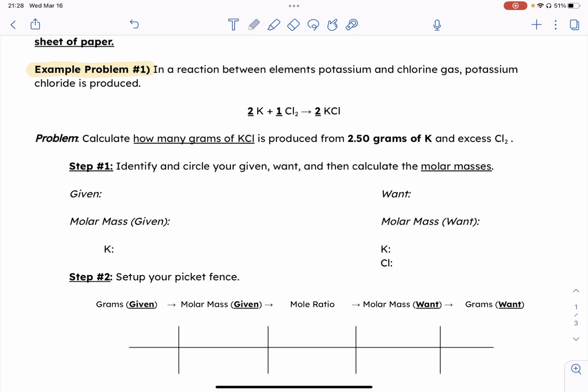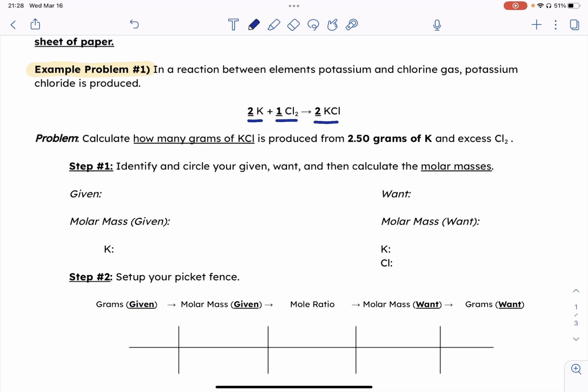It says, in a reaction between elements potassium and chlorine gas, potassium chloride is produced. So you'll notice that we already have a balanced chemical equation. We have 2 potassium molecules plus 1 chlorine molecule is going to yield 2 molecules of potassium chloride.